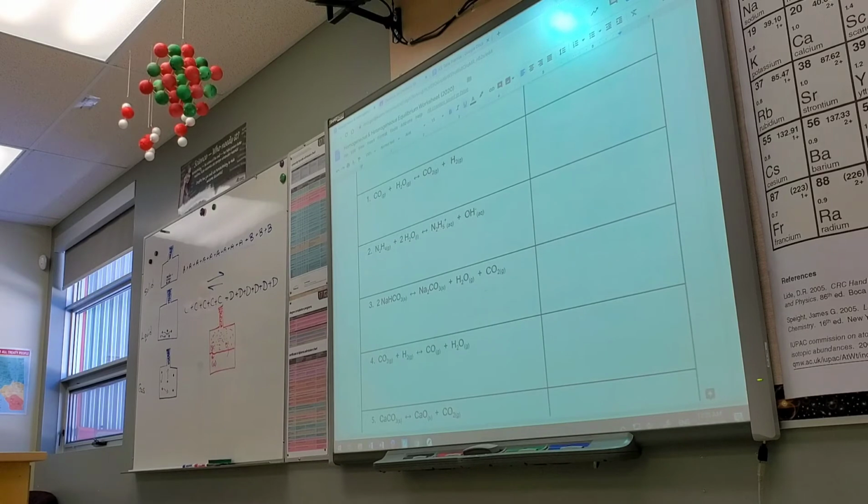If it's homogeneous and you have all liquids, liquids can mix together, and when two things mix together, their concentrations change. You're only allowed to take out solids and liquids if it's heterogeneous.